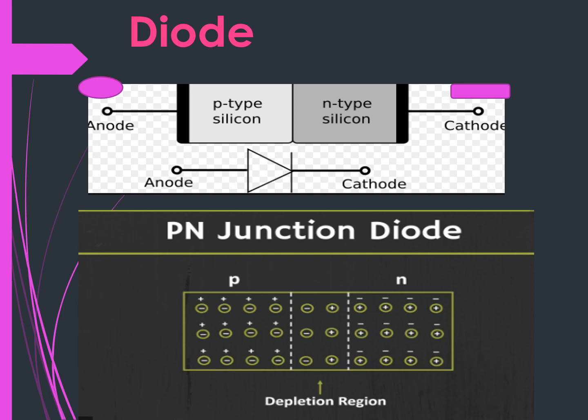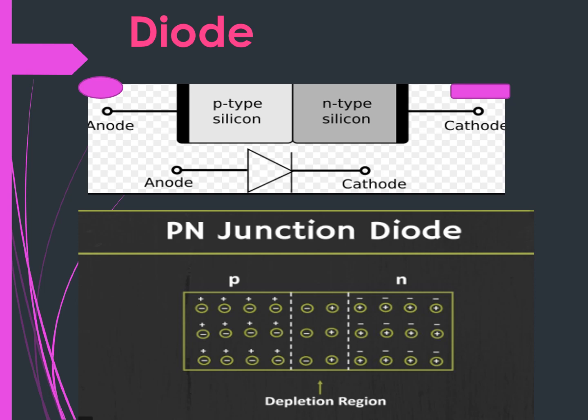Now what happens when p and n types come together is that these particles have the tendency to diffuse from the region of higher concentration to the region of lower concentration. From the p type, the majority carriers are holes, so the holes will try to go from p to n, the lower concentration.